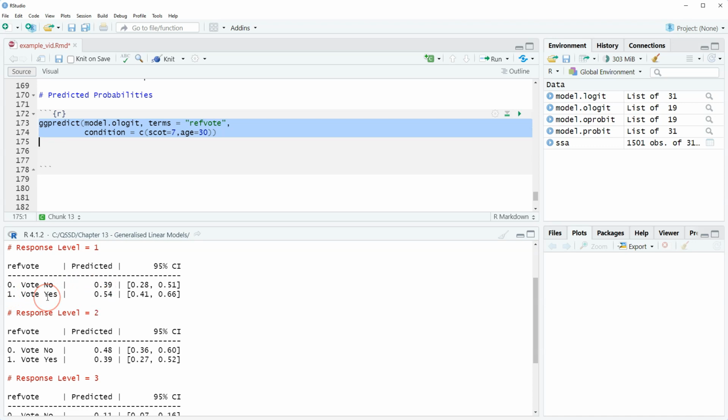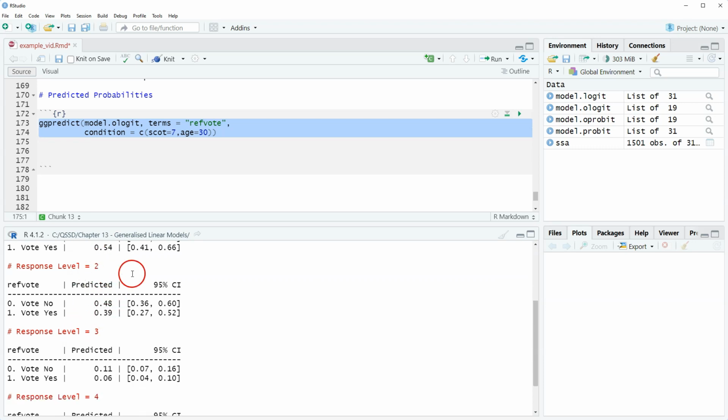This one, it's the same thing, we just switch out the vote. So a 30-year-old with the strongest Scottish identity who planned to vote yes, their predicted probability of saying you can never trust the British government is 0.54 or 54%.